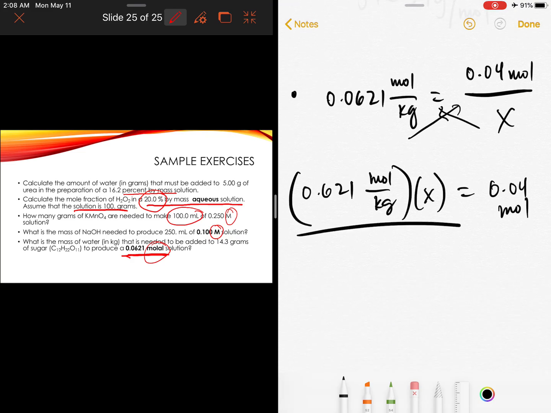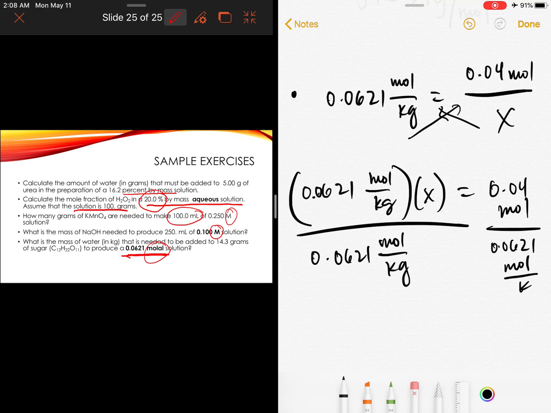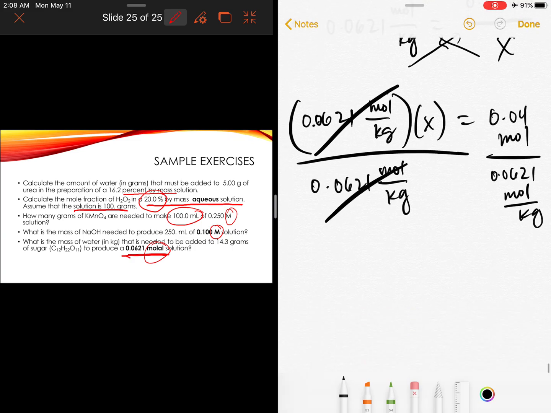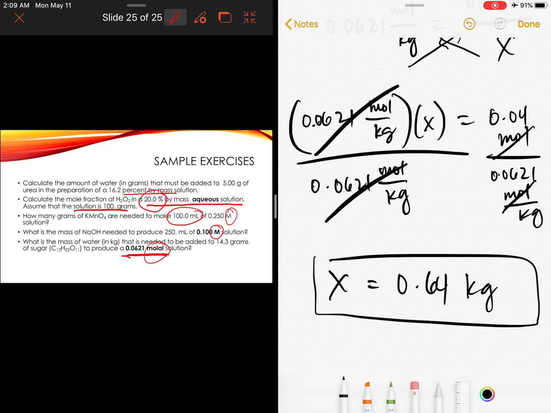Now, how do you isolate X? You divide both sides by 0.0621 mole per kilogram, or molal. This will cancel, and your X is equal to 0.04 divided by 0.0621, which is 0.64 kilograms. The moles cancel here, so this is the kilograms of your solvent.